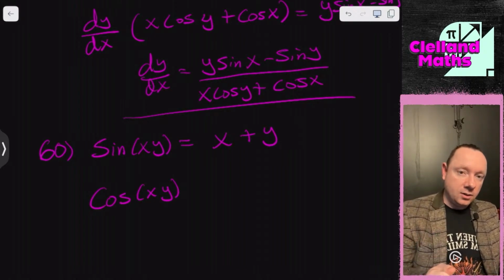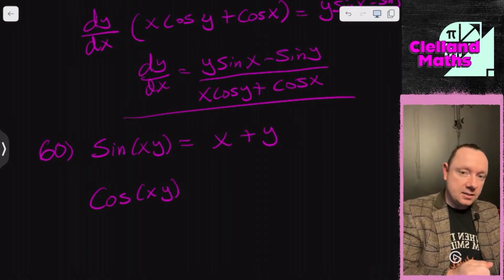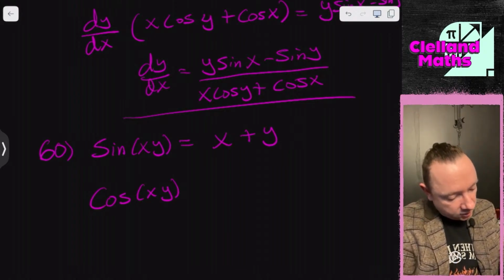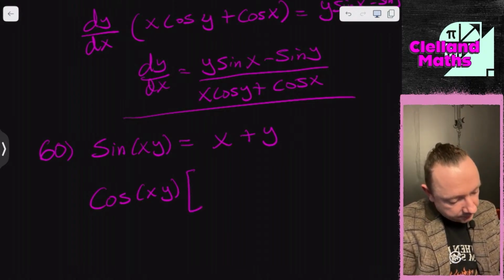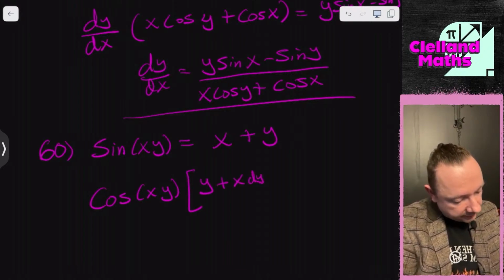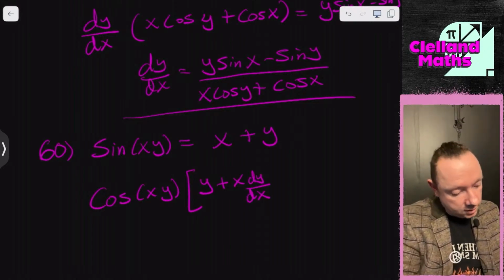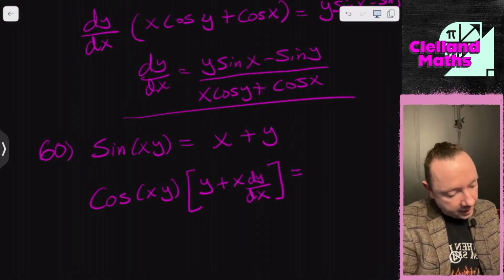So that's a product inside the chain. Very nice. So vu dash, so we're going to times by v is y, u dash is x, plus u is x and v dash is dy by dx. So that's what xy differentiates to. Equals x is 1 and y is dy by dx.